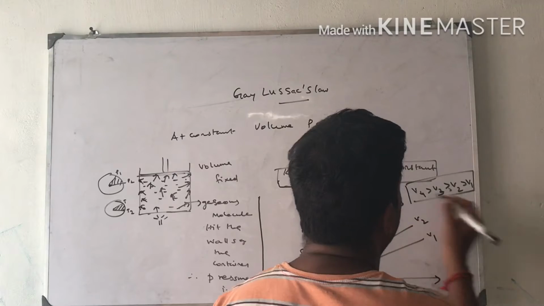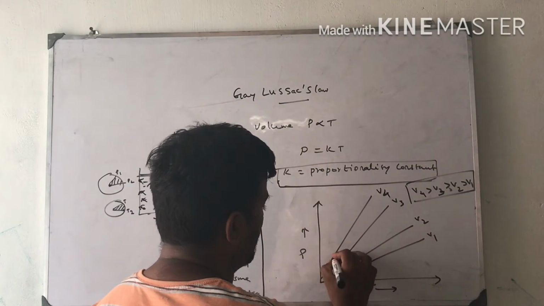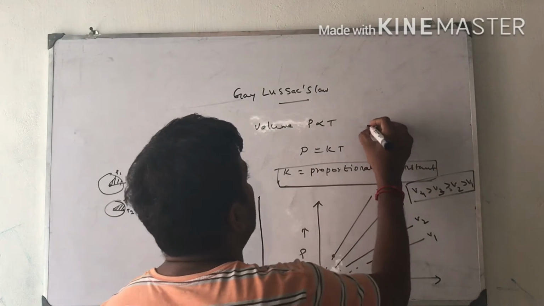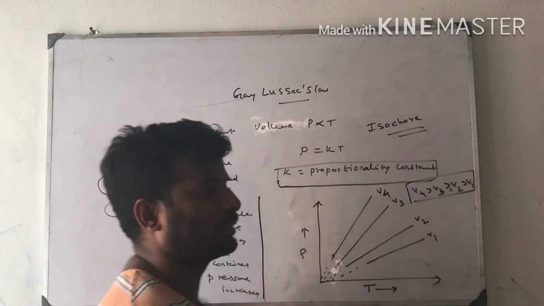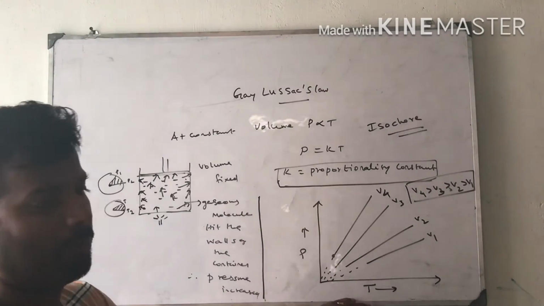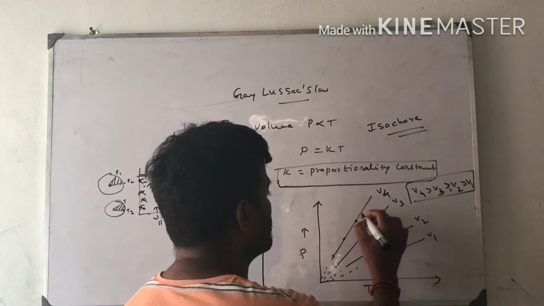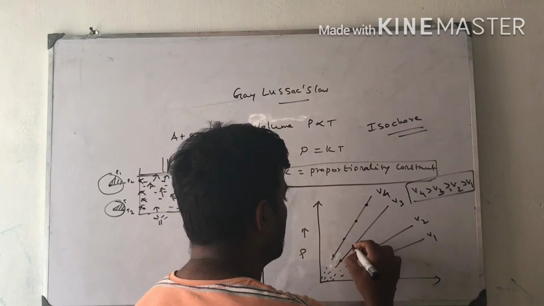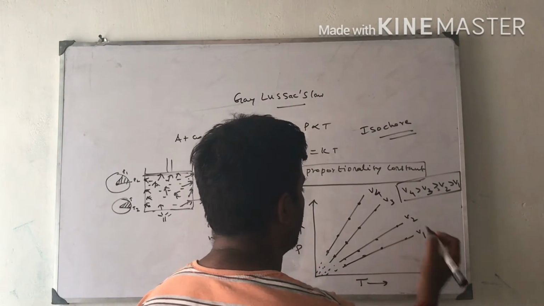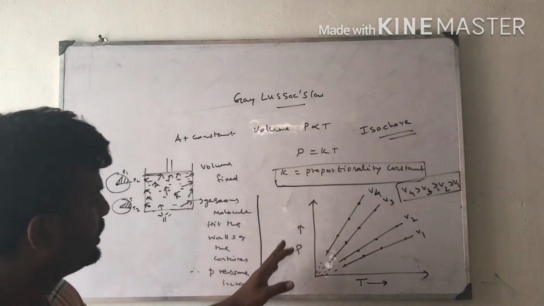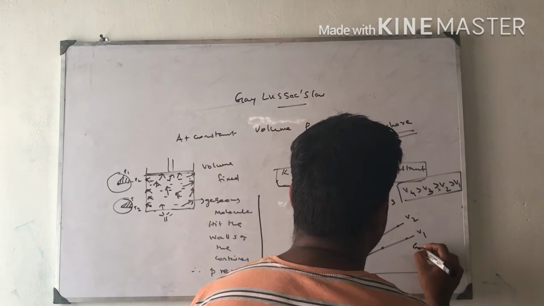These are called isochores. Isochore means constant volume process. Temperature and pressure are variables. Volume will be constant. So this type of process is called a constant volume process. This is the graphical representation of Gay-Lussac's law.